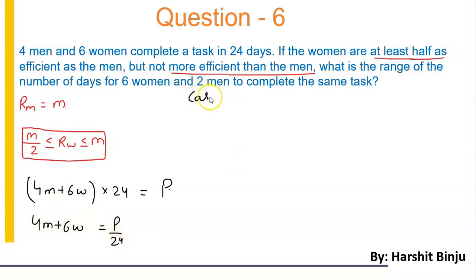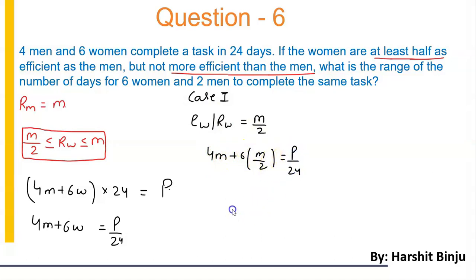Now we'll take case 1, that is the least possible value of the rate of women, or the efficiency of women, which is m by 2. So when the efficiency of women is equal to m by 2, we will have 4m plus 6 times m by 2 is equal to P by 24.